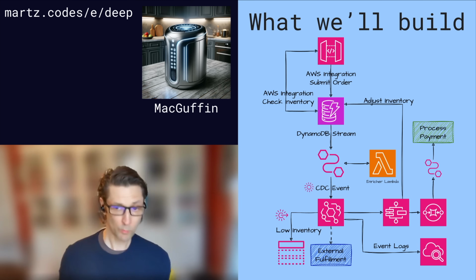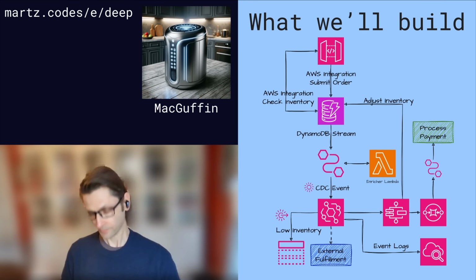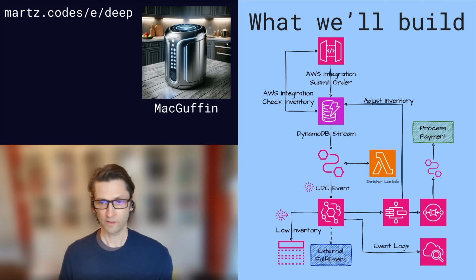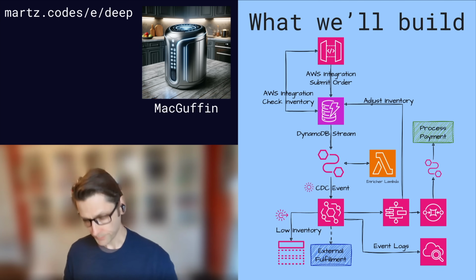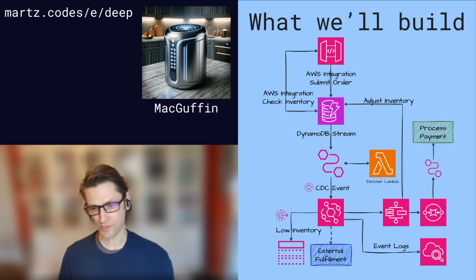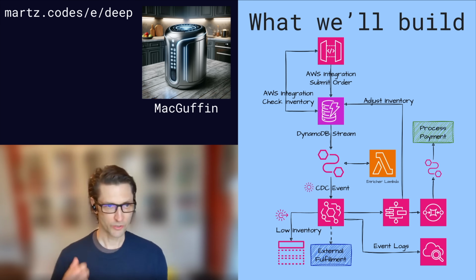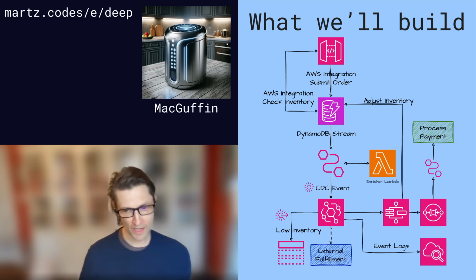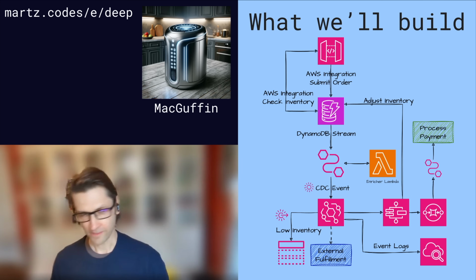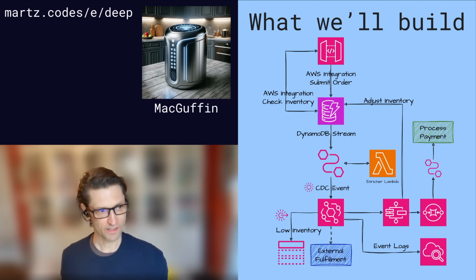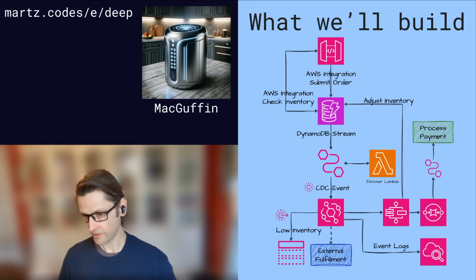The way this will work is that when an order is submitted via the API gateway, that's going to be persisted in a DynamoDB table. And then we'll use DynamoDB streams and EventBridge Pipes in order to transform that event and then emit it across EventBridge, where we can create rules to capture the event and then trigger other things.